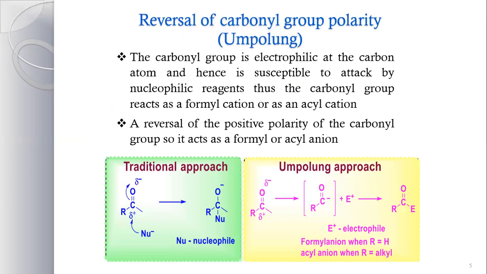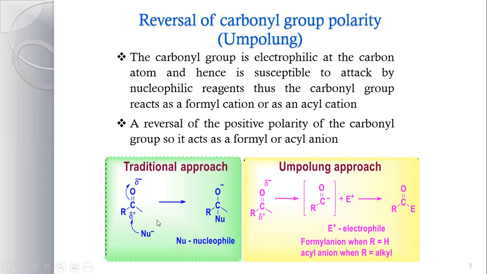This is about the carbonyl polarity in the Umpolung reaction. Carbonyl is an electrophile at the carbon atom, hence it is susceptible to attack by a nucleophilic reagent. Thus the carbonyl carbon reacts as a formyl cation or acyl cation.